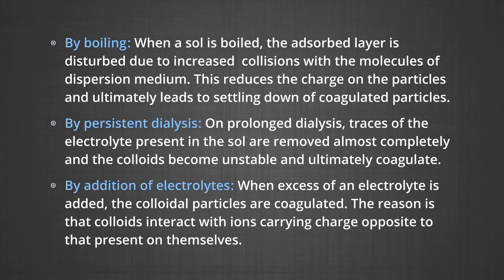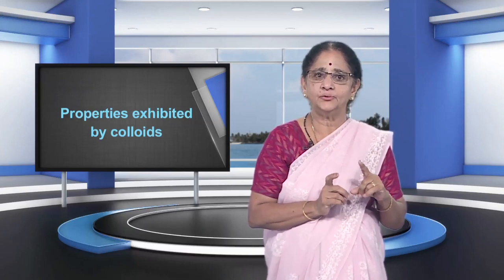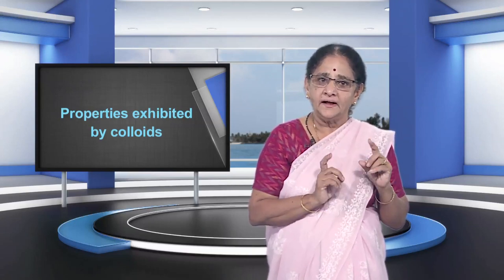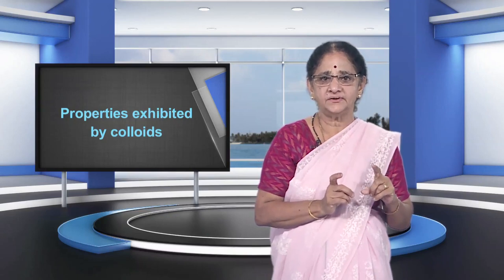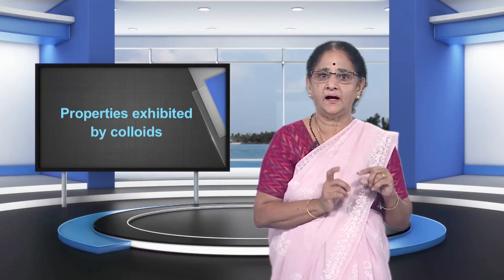When excess of an electrolyte is added, the colloidal particles are coagulated. The reason is that colloids interact with ions carrying charge opposite to that present on themselves. This causes neutralization, leading to their coagulation. The ion responsible for neutralization of charge on the particles is called the coagulating ion.